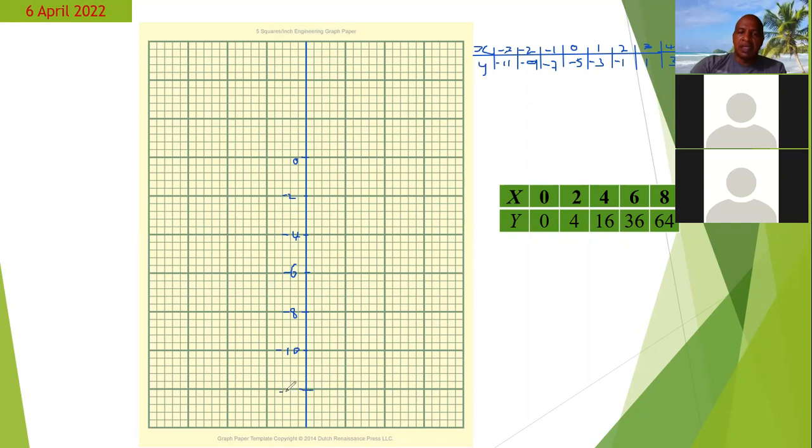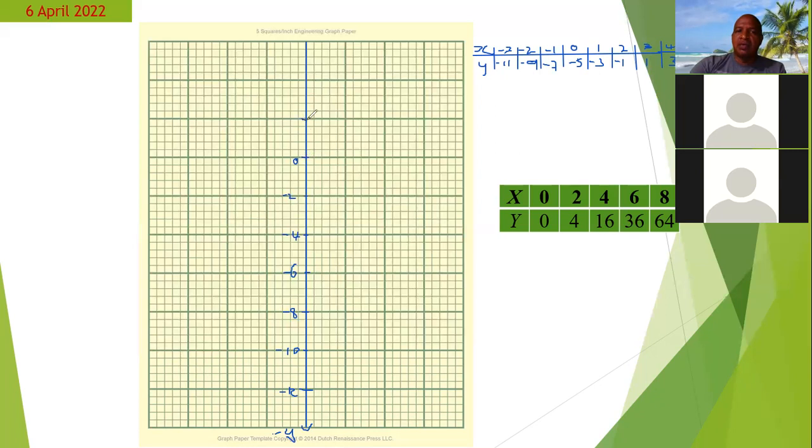So this one would be -12, and then we could have -y down here. Now, the same scale that we use below the x-axis is the same scale that we have to continue with above the x-axis. So from 0, we have to count going above by 2, just the same.